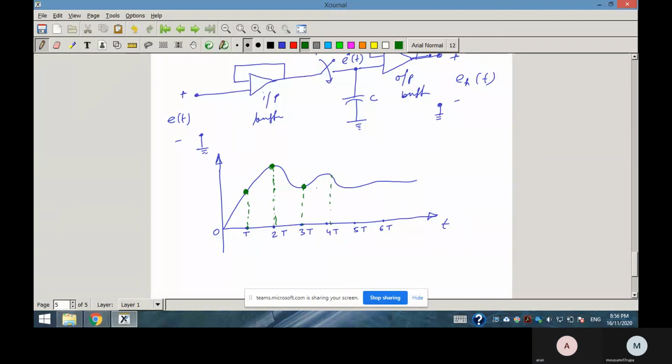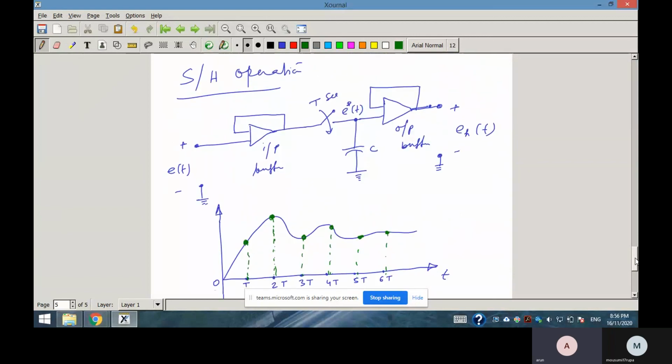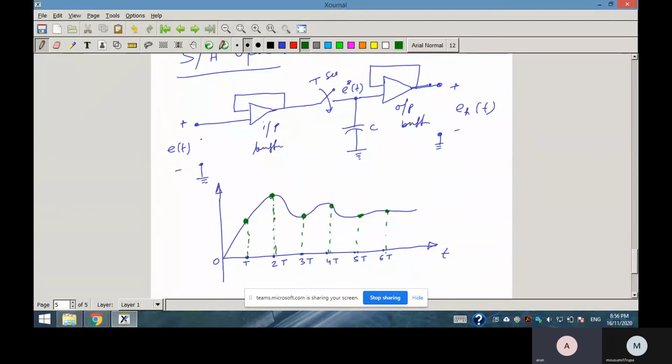Similarly at 4T, this one. 5T, this one. 6T, this one, and so on. And then what will be the hold output? You can see, this is the input buffer. So whatever input you apply, the output will immediately appear. So e*(t) will be this one. And this is your e(t). This is e*(t).